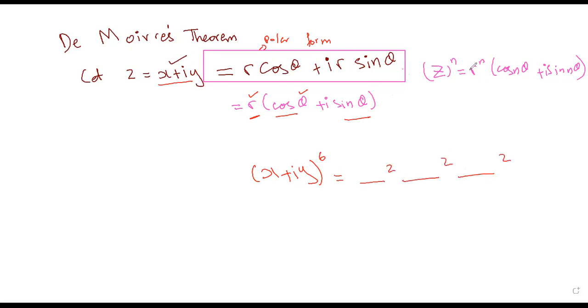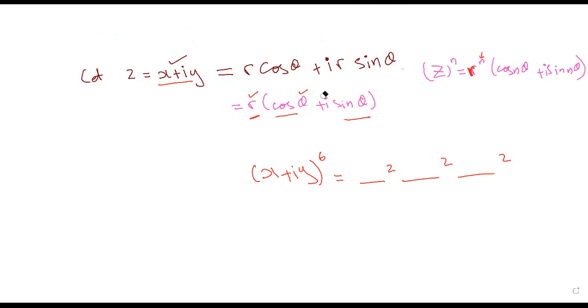You can directly do it by finding the r. You have to write r to the n cos n theta plus iota sine n theta, right? So is this thing clear? Yes. Okay.